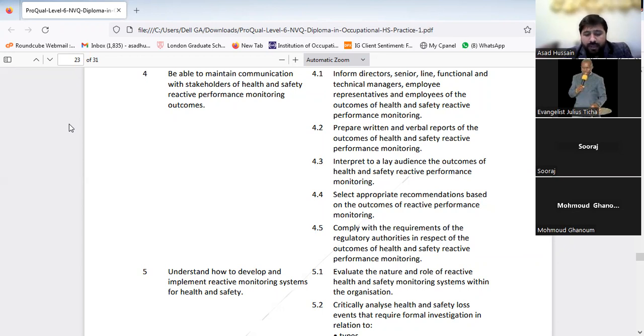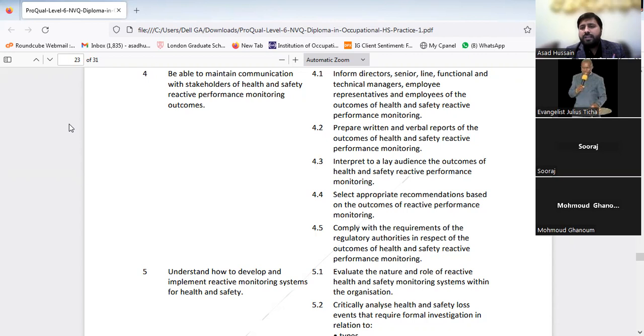Okay. So here it is basically asking you to share the information that we have. We have reactive systems and monitoring systems there.